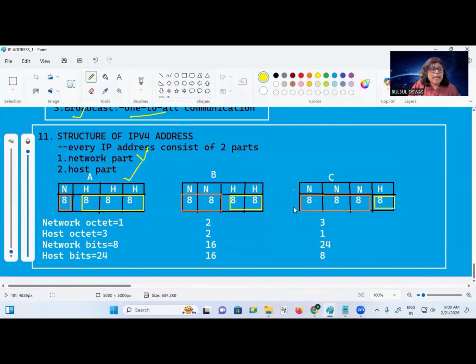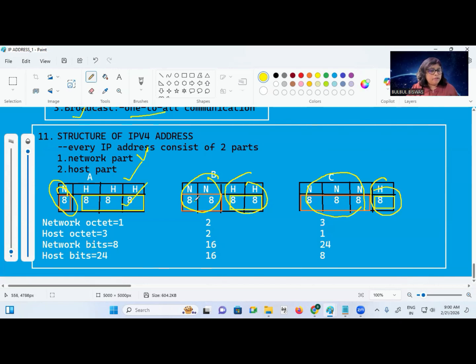So every IP address consists of two parts: the network part and the host part. In class A, out of 4 octets, only the first octet is reserved for the network and the remaining 3 octets are reserved for the host. In class B, the first 2 octets are reserved for the network and the next 2 octets for the host. In class C, the first 3 octets are reserved for the network and the last octet for the host.